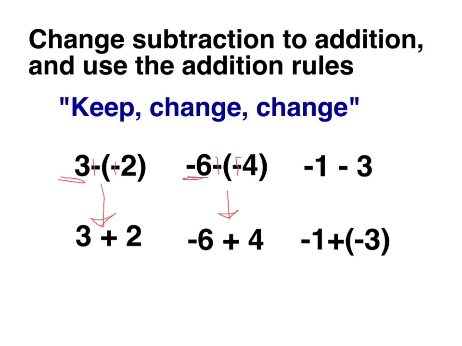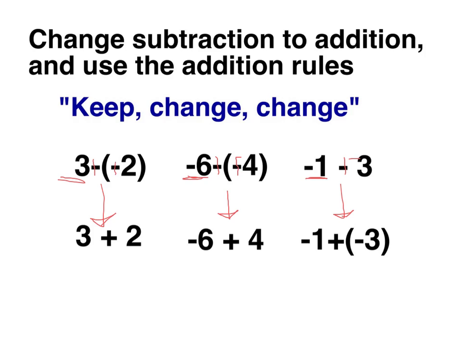Last example, I'm going to keep this a negative. I'm going to change this to a positive and this to a negative. You want to be careful because there is that hidden positivity. So you want to make sure that you remember to change that to a positive, subtract to a positive, and the sign to a negative. So we end up with negative 1 plus negative 3.